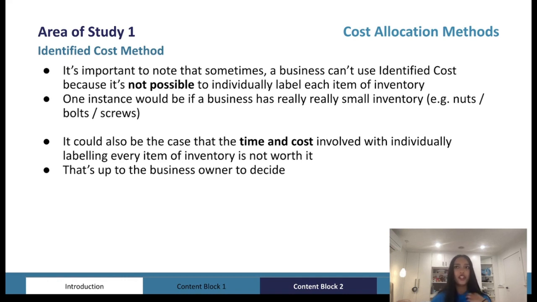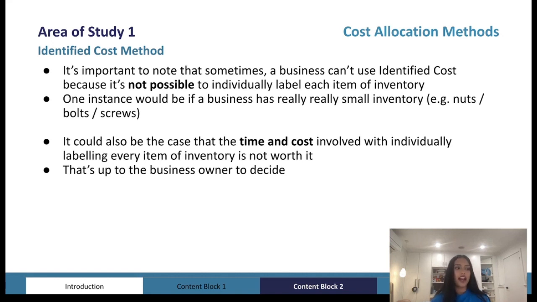They have to get one of their employees to sit and add a tag or a sticker onto the inventory, and you have to pay that employee for those hours where they're just sitting there sticking tags and labels onto your inventory, which, depending on how much inventory you have, could take hours and hours and hours.